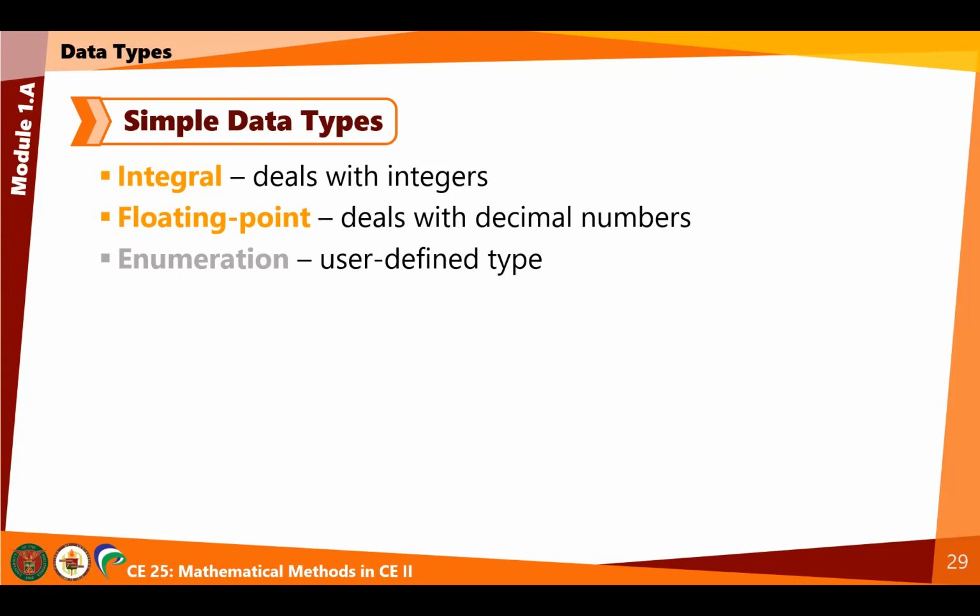Like for example, if you're just counting, so hindi ka naman nagka-count with decimal points, diba? So just 1, 2, 3, ganyan. Walang decimal points. Floating point, of course, for other values requiring decimal points. For example, you're computing for the weight, may mga decimal points yan. Or computing for a force. Ganyan.